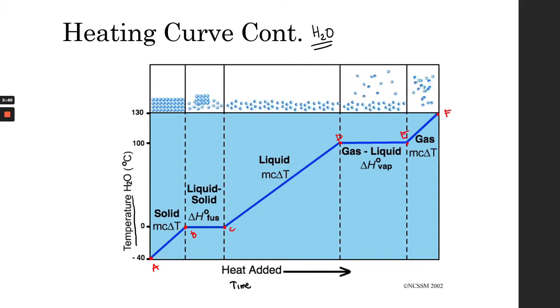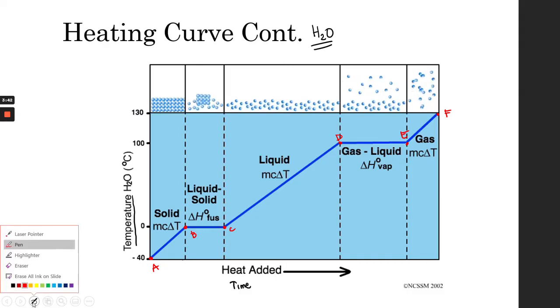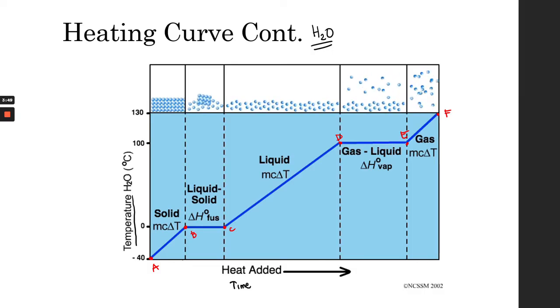Then we'll be discussing each segment of the heating curve, what is happening at each line or at each point. What I want you to first realize is that there are two flat lines, or plateaus.